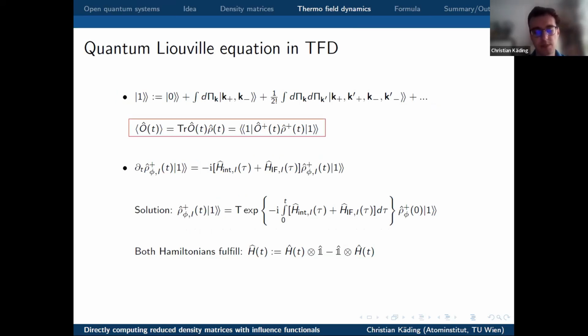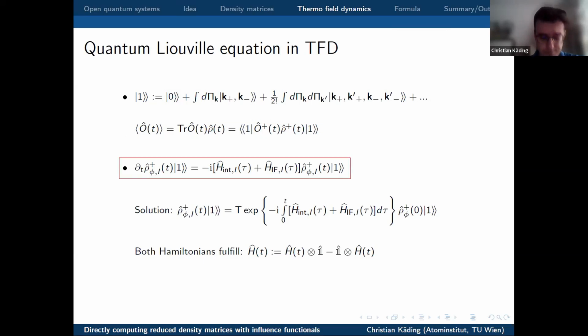If you have the expectation value of an operator, you can write it as a trace of the operator with the density operator. And this is then given in thermo field dynamics as this term here on the right-hand side. Using all this technology, you can write the quantum Liouville equation for the reduced density operator in the interaction picture in the following form, where the two Hamiltonians are the following.